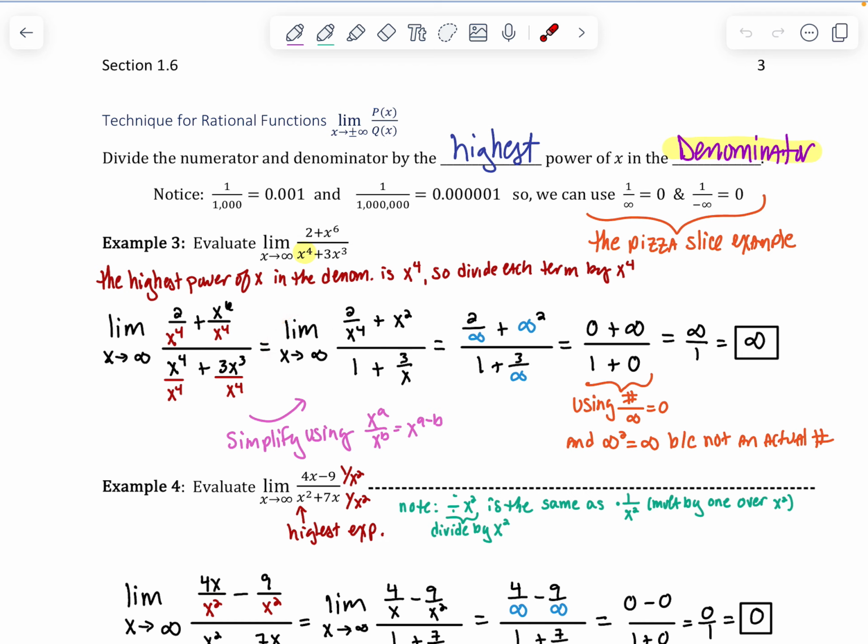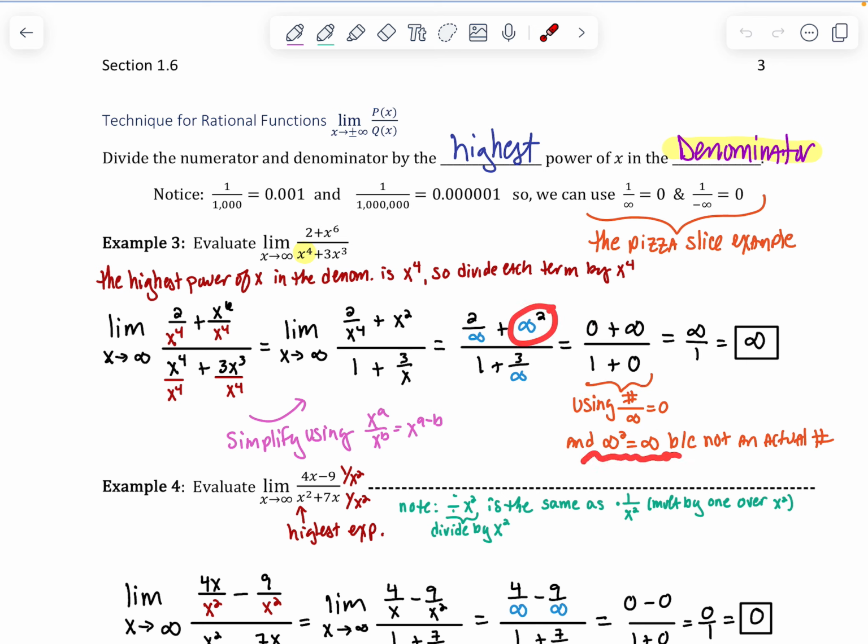Notice limit is still in front of the simplified equation. But now, limit is gone because we have plugged infinity in wherever the x was. So I want to see the infinity plugged in, and then using the fact that any number over infinity or negative infinity is 0, we can turn this term into 0.